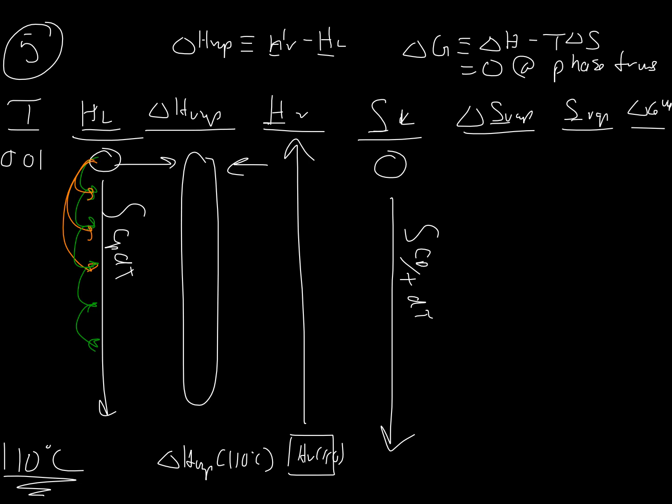So that means we know delta G, we know delta H, we know the temperature. That means we can calculate the delta S of vaporization using our delta G formula.